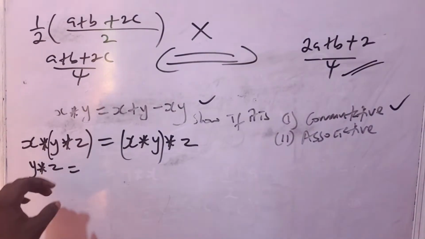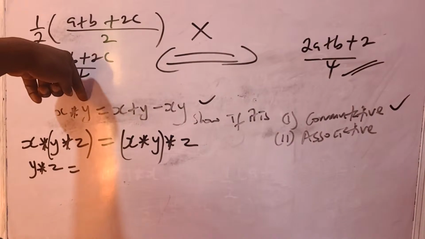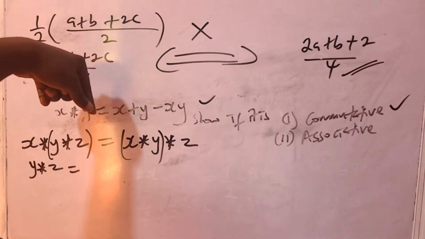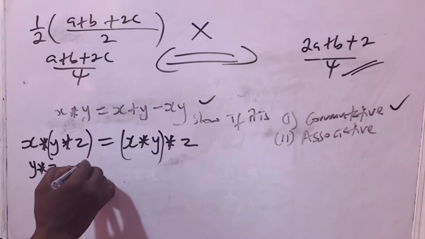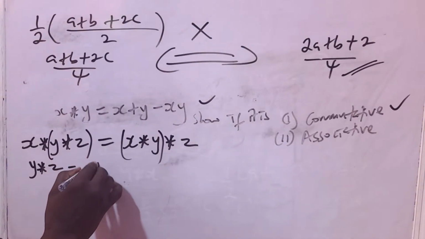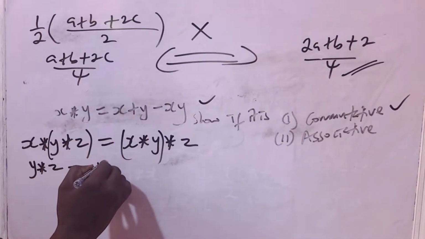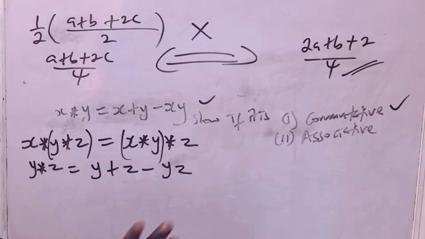So the same principle: you must always fall back to your initial operation, the initial function on which your operation is defined. That's the basic and the key to all your answers. So y star z will be equal to y, of course this is your first now, z being your second, y plus z minus yz. This is your y star z.